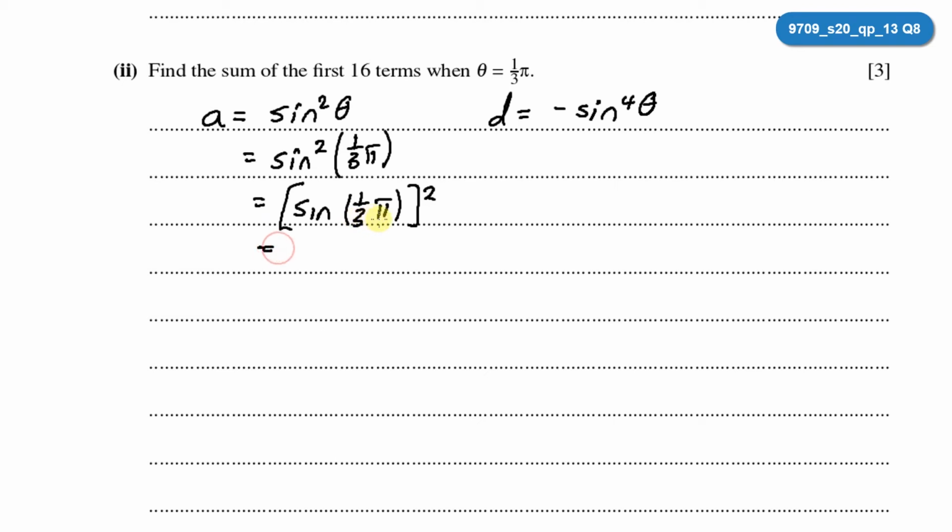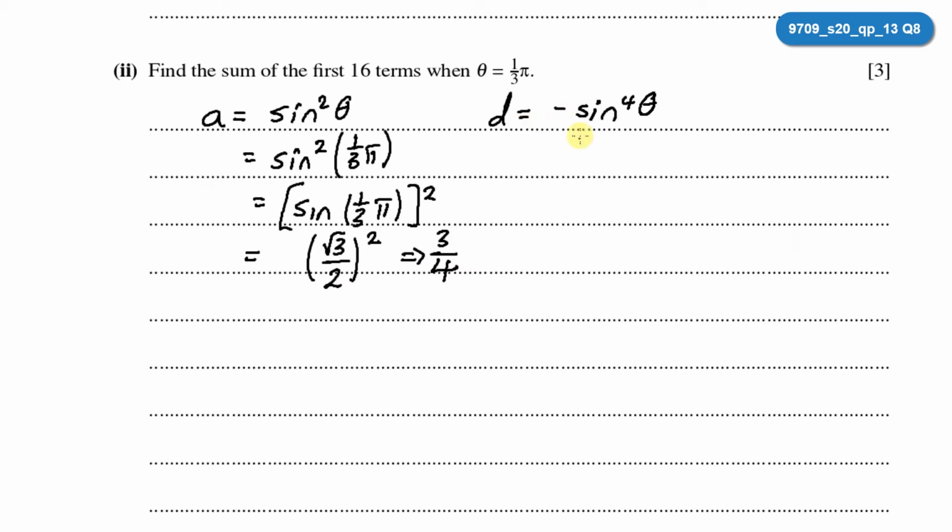Now, sine of a third pi is like sine of 60 degrees. And if you know already your common trig values, the sine of 60 degrees is root 3 over 2. Now you can even use a calculator for this. So that's like root 3 over 2 squared. So we know here that root 3 squared, that's 3, and 2 squared, that's 4.